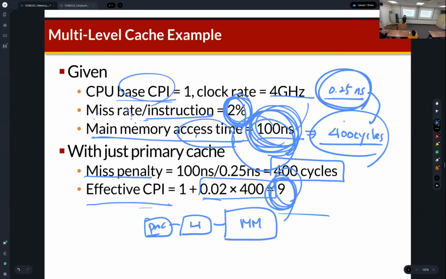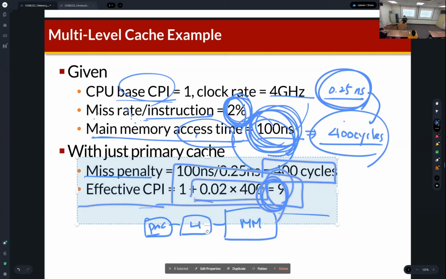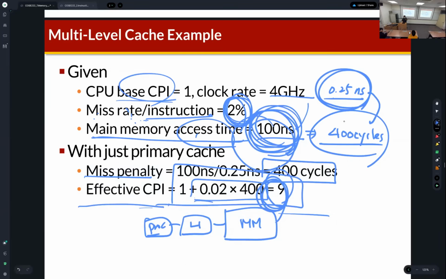Which means if we just consider the cache miss case, the non-ideal case, then the performance of the CPU is 9 times slower than the ideal case, right? 9 times slower, and this rate per instruction is just 2%. It's very low.